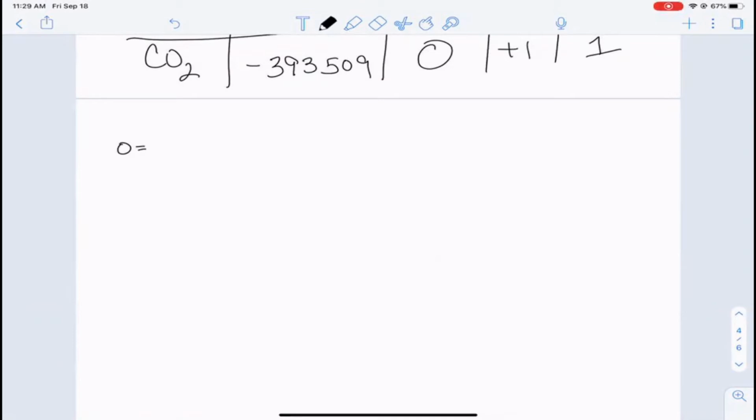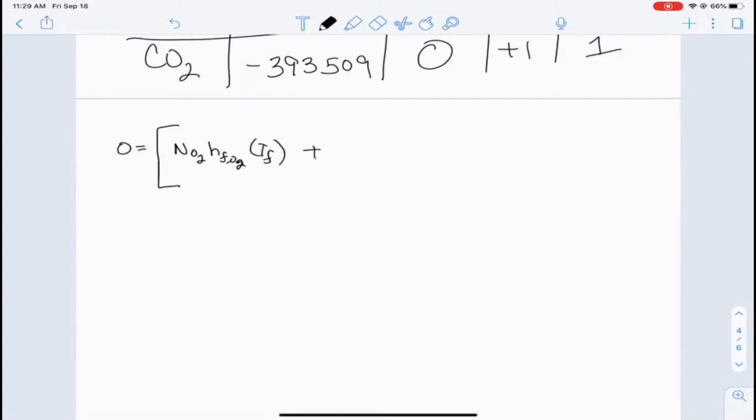So think about what is it that's leaving. We have the molar flow rate of oxygen leaving times the heat of formation of oxygen at the final temperature, which is the thing that we're trying to solve for, right?